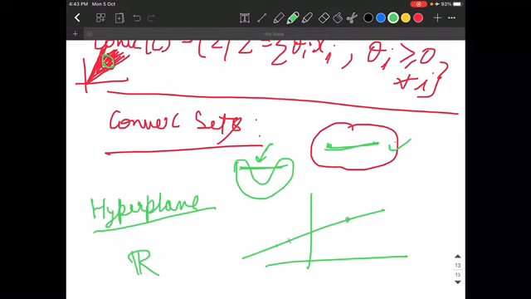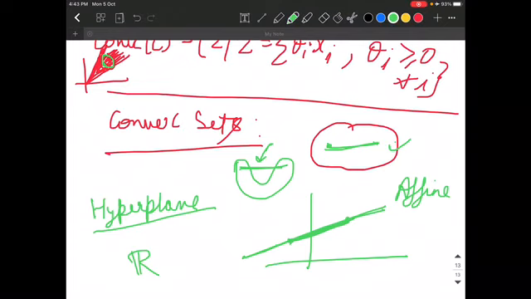If we take any two points on this hyperplane, the line joining them also lies on the hyperplane. So this is certainly affine. And is it convex? If the entire line joining two points lies inside the set, then the line segment joining these two points will also lie inside the set.